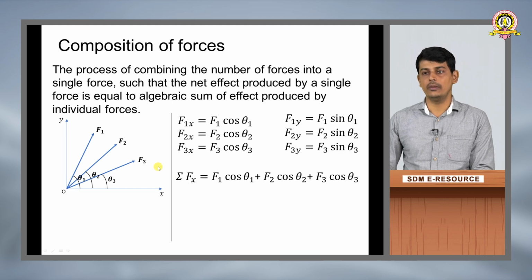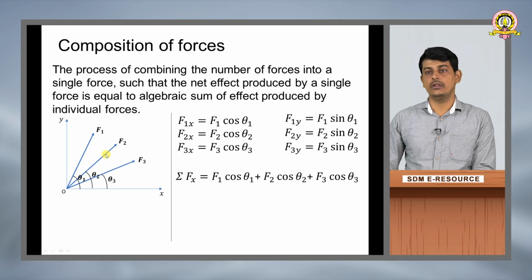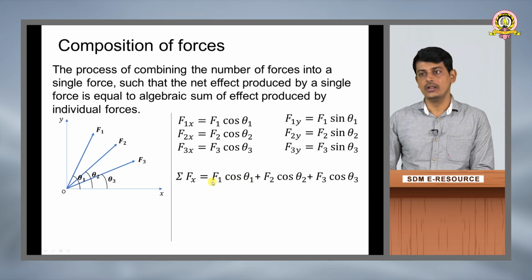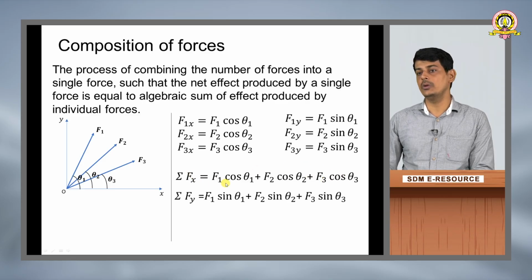Since in this example all the forces fall in the first quadrant, all will be positive. In the next session, we will do one more thing, solving a problem on this topic. So, Fx equals F1 cos theta 1 plus F2 cos theta 2 plus F3 cos theta 3. I have added all the forces in the x direction. Similarly, Fy equals F1 sin theta 1 plus F2 sin theta 2 plus F3 sin theta 3.